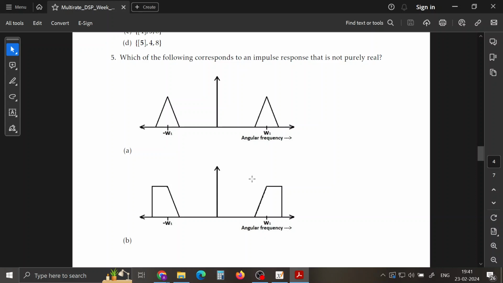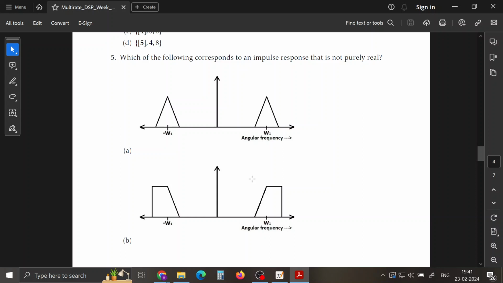In other words, this conjugate symmetry implies that in the frequency domain, the spectrum is symmetric with respect to the vertical axis. That will be satisfied for a real impulse response, so all you need to check is whether it's symmetric about the y-axis or not.